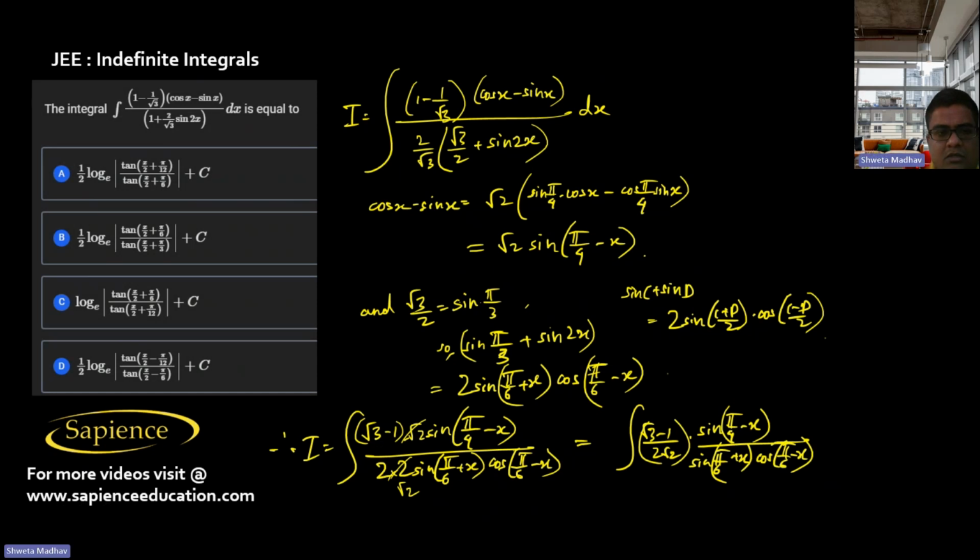Now root 3 minus 1 by 2 root 2, I can say this is root 3 by 2 into 1 by root 2 minus 1 by 2 into 1 by root 2.